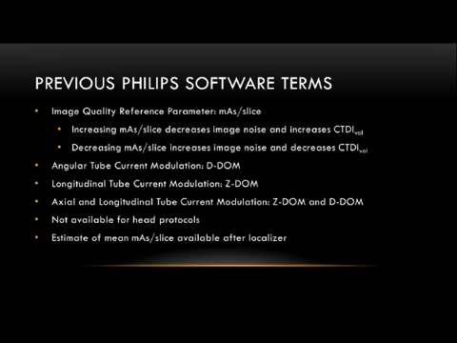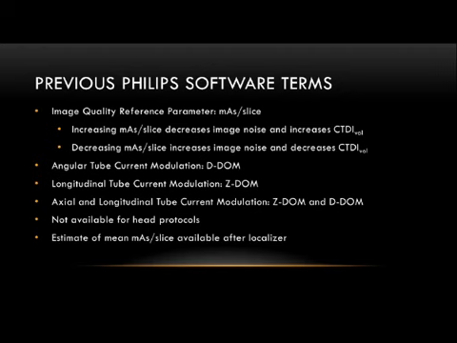So you can see if it's going to be above or below. And it's important to remember that the mAs per slice that you set isn't a maximum. It's just kind of an indication of what image quality you want for that reference person. So the mAs per slice that you actually use could be significantly higher or significantly lower than that mAs per slice.